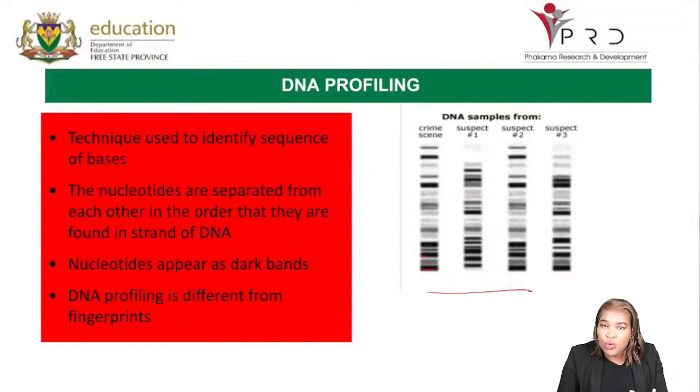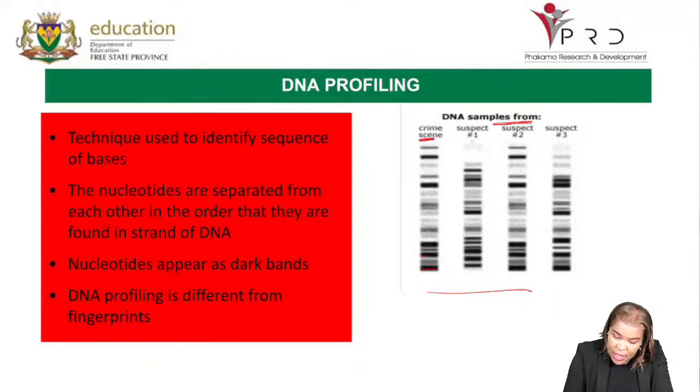I would like you to sit there right now and think of the ways that we use DNA profiling, because it's another question that can come up in the exam: what other ways can we use DNA profiling? If you look at this one, it is the crime scene. It is the sample that is found at the crime scene. And then you see there are suspects.